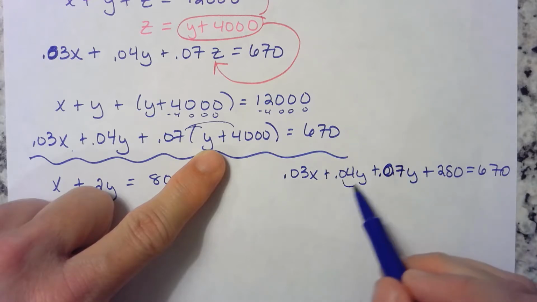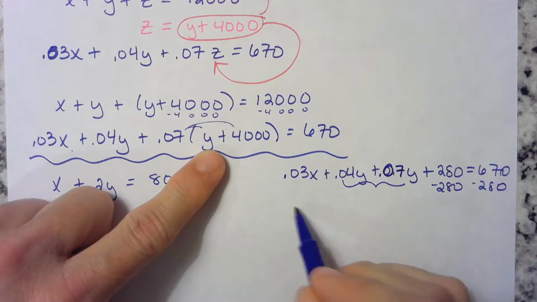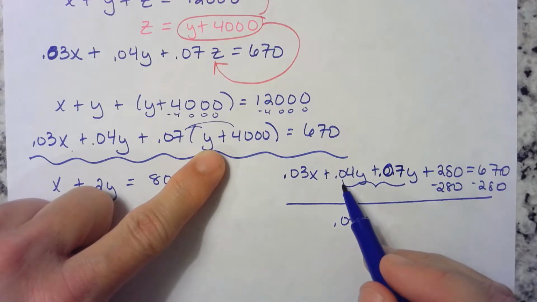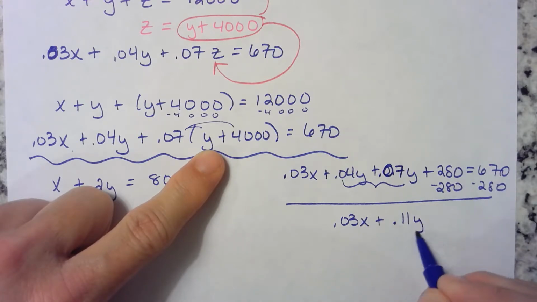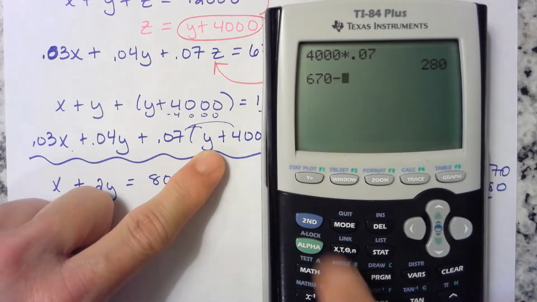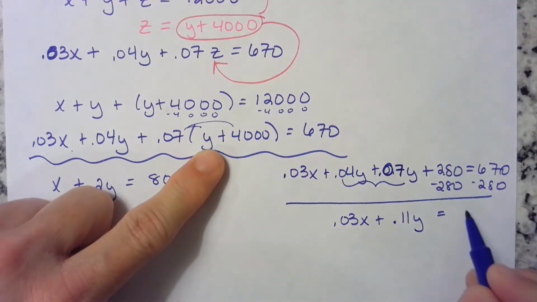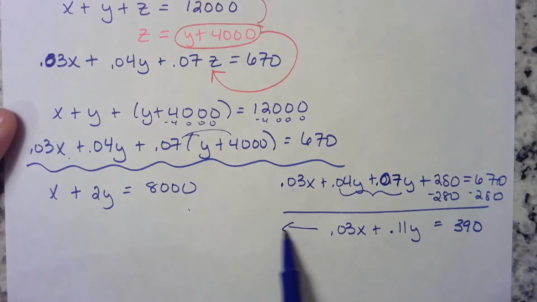Let's combine these and move the 280 over. So we're going to have 0.03x, 0.04 plus 0.07 is 0.11y equals 670 minus 280 is 390. Okay. So what I'm going to do is bring this back over to this side.